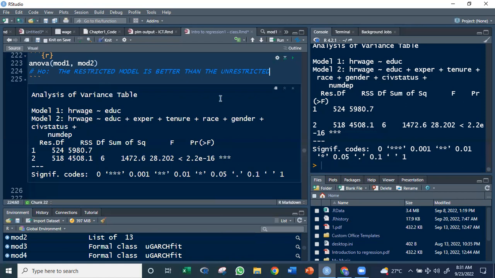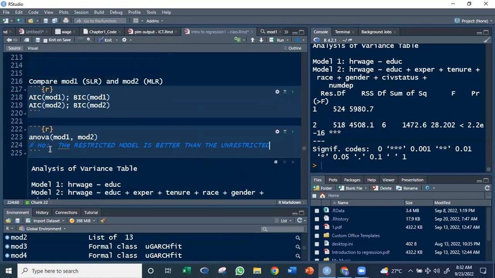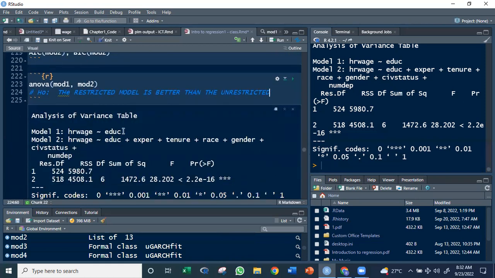Okay, let me explain this. We have this null hypothesis: the restricted model is better than the unrestricted. What is the restricted model? The restricted model is the one that has fewer predictors. In this case, our restricted model is model 1 because it has only one predictor. Our unrestricted model is model 2 because it has more predictors.